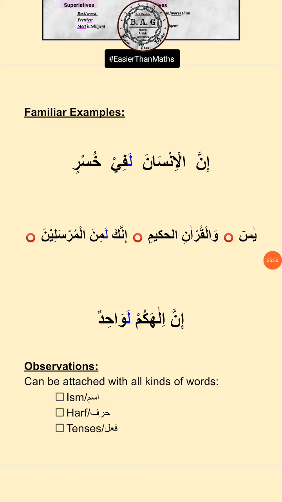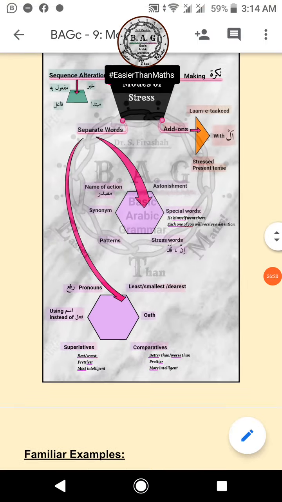Okay, then inna ilahakum lawahidun, indeed your ilah, your God, your Rabb is most definitely wahid, one. Okay, so once again, you can only understand it, and how do you know that you understand it? Well, I just told you what it does and what kind of templates should run into your mind. Okay, so I hope that it's clear.